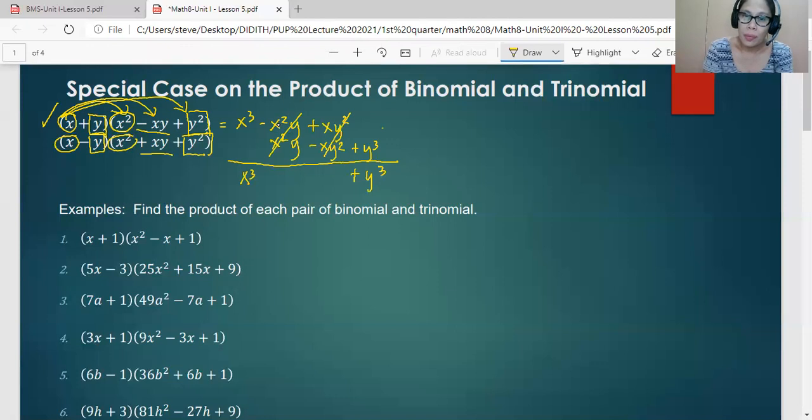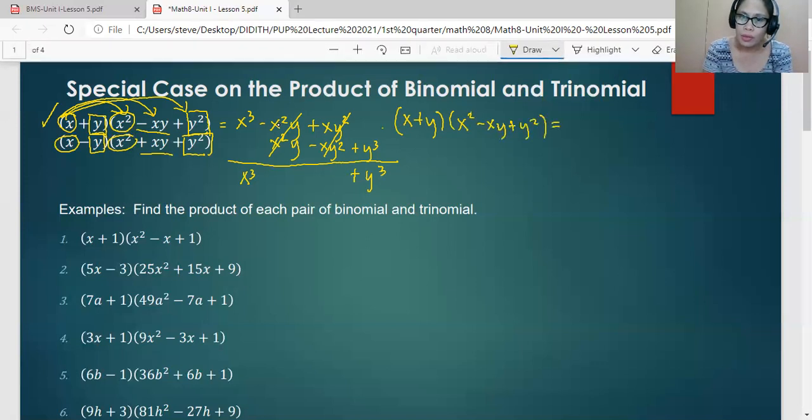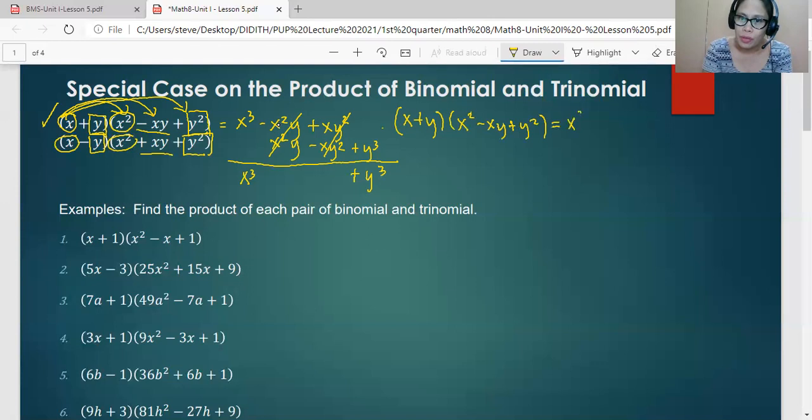Okay, so if I'm going to rewrite the formula, we have quantity x plus y times quantity x squared minus xy plus y squared is equal to the cube of the first term of the binomial plus the cube of the second term of the binomial.